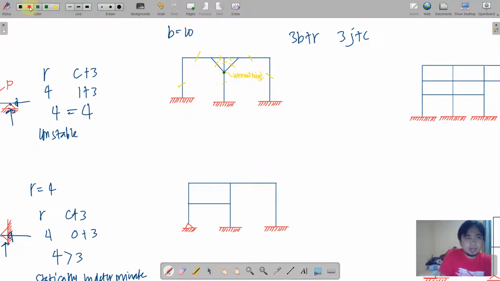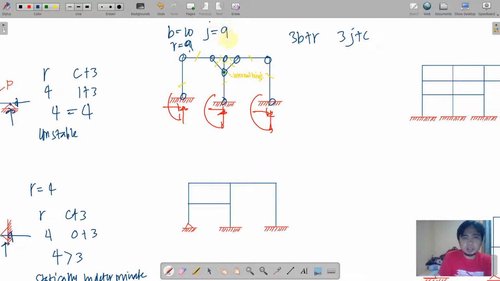And then for the reaction, of course, there will be 3 reactions for each of these fixed supports. So we have a reaction equivalent to 9. And for the number of joints, 1, 2, 3, 4, 5, 6, 7, 8, 9. So there are 9 joints here.